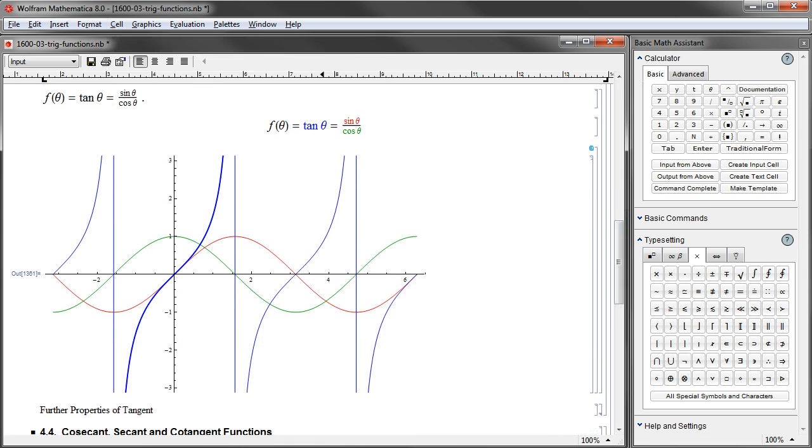Let us draw the graphs of the tangent function, sine function, and cosine function together in the same viewing window. And we can make this observation.